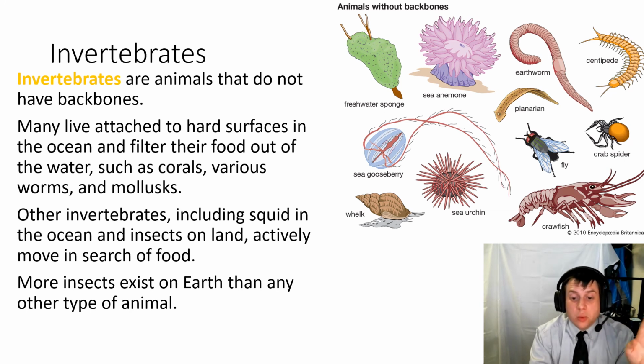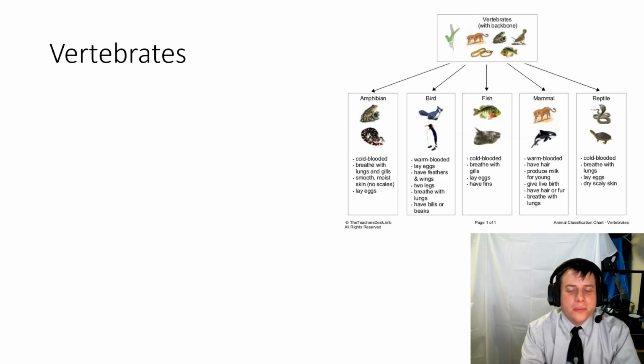Many times there's a species of wasp that will eat many kinds of insects, but yeah, it's possible there might be more wasps than any other type of animal on the planet. Scary, huh? All right. Well, then let's try the other side of animals, and we'll talk about vertebrates instead of invertebrates.